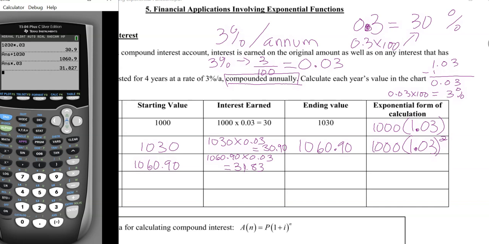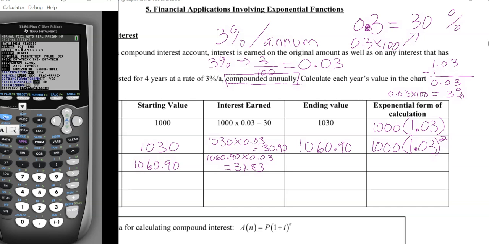Now, what I'm going to do is switch this to a mode that has 2 decimal places so that all the rounding will happen for us. You go to mode, go down to float, go over to 2, to show 2 decimal places, and then I can just go second function quit, just get out of this.